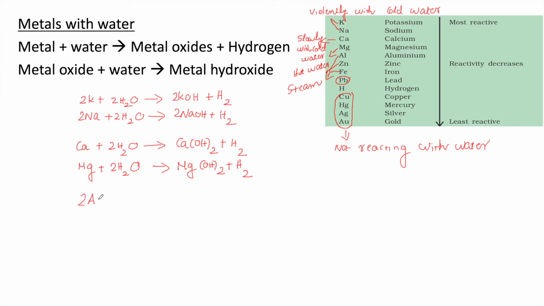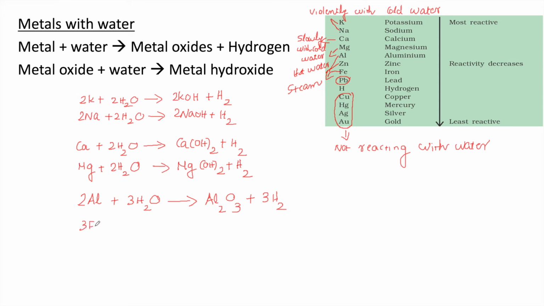Aluminium: 2Al plus 3H2O gives Al2O3. Okay, not the hydroxide. This forms the oxide, Al2O3 plus hydrogen.